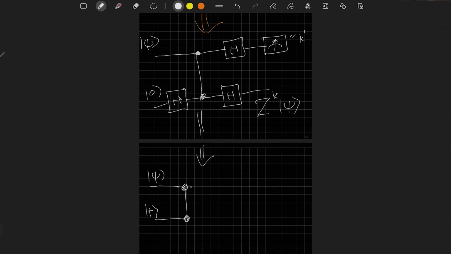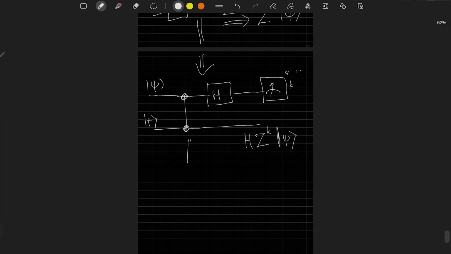Hadamard. Okay. And I have created HZK. What I've done is I've just kind of taken this H gate further ahead.